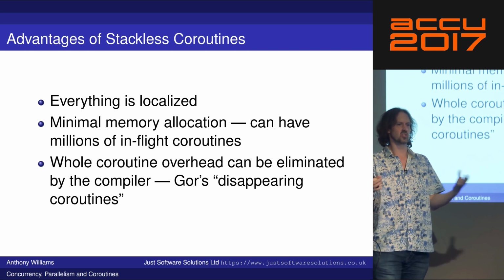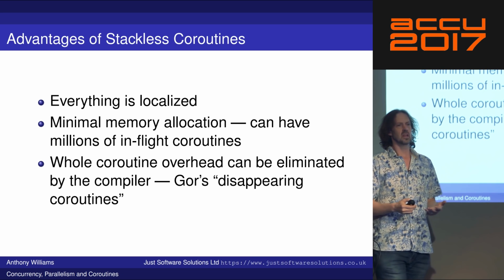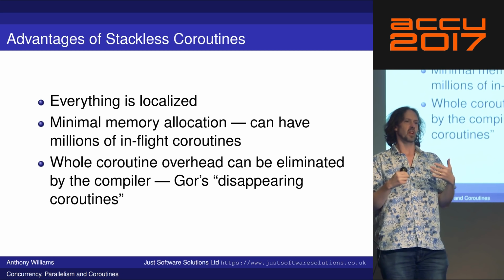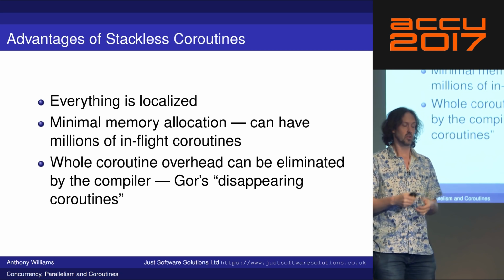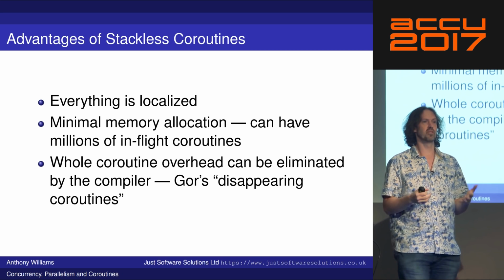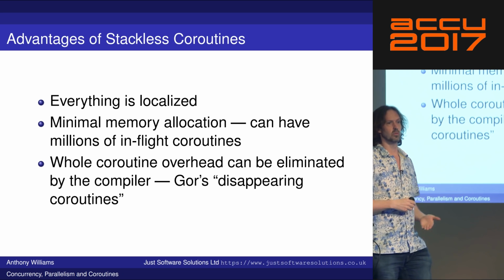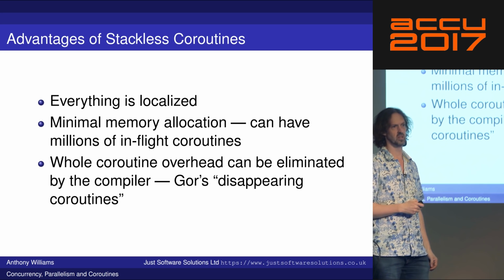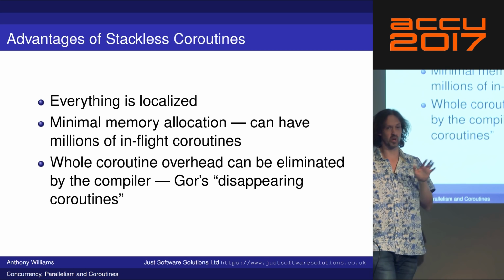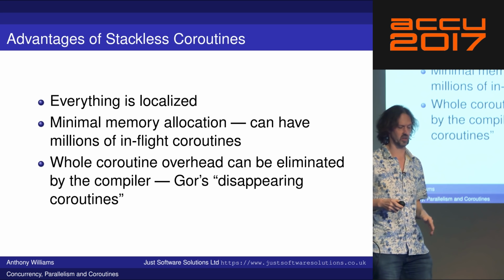There's no memory allocation or anything, and obviously that only works in some circumstances, but when it works, it's really good. So, by providing stackless coroutines, you can do that. With stackful coroutines, it's much harder for the compiler to make that optimization. I'm not a compiler writer, so I'm not going to comment whether it can be done, but it's definitely much harder.